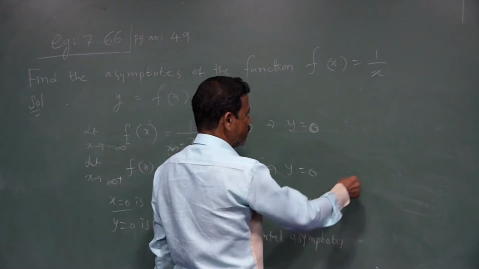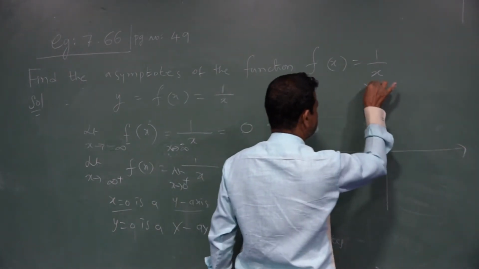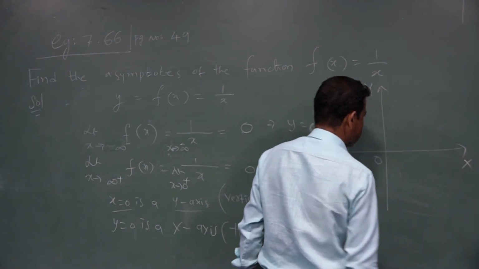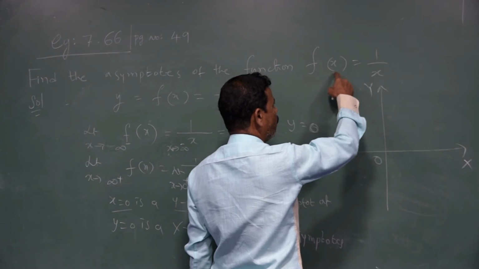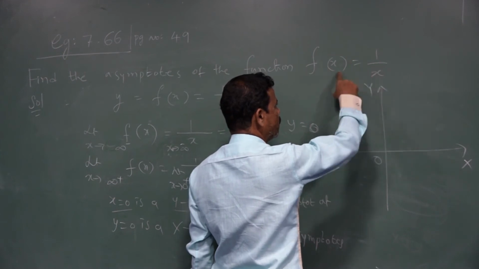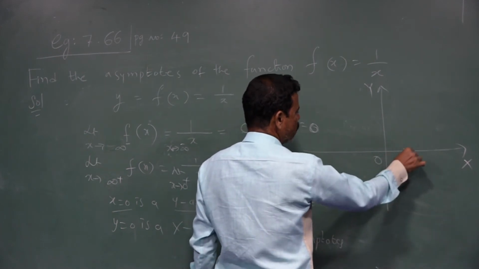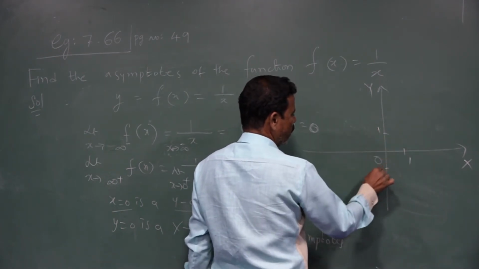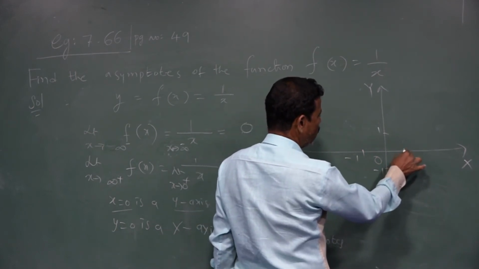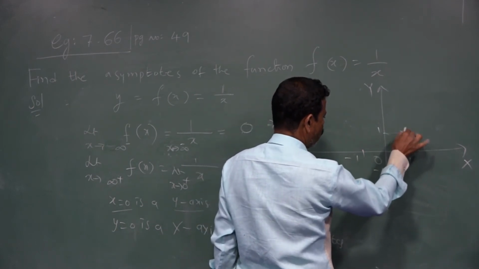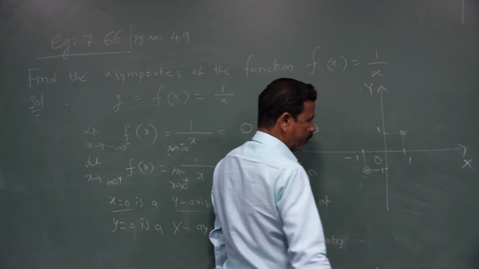So how is this curve? This is the y-axis, origin, x-axis. If x is equal to 1 we put, f of x is equal to 1 coming. If x is equal to minus 1, y is also minus 1 coming. So here is the point plus 1, 1, and here minus 1, minus 1.